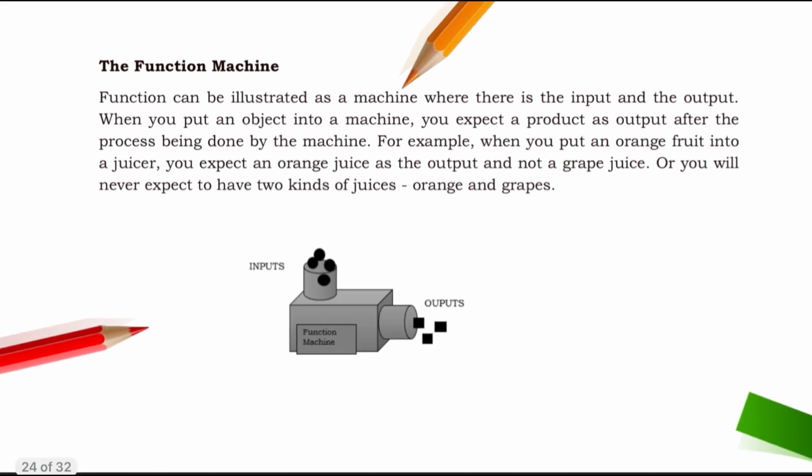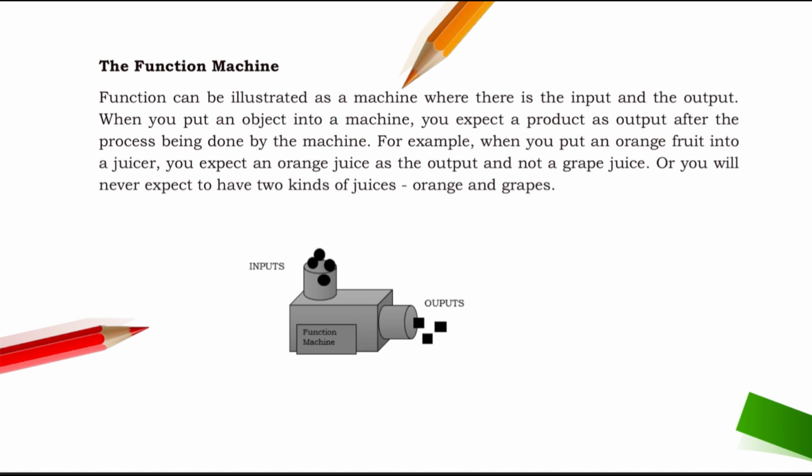Next, let us discuss or describe the function machine. A function can be illustrated as a machine where there is the input and the output. When you put an object into a machine, you expect a product as output after the process being done by the machine. For example, when you put an orange fruit into a juicer, you expect orange juice as the output and not grape juice.